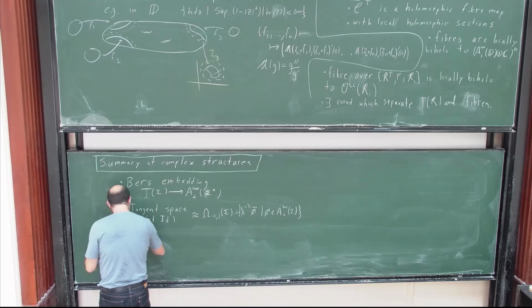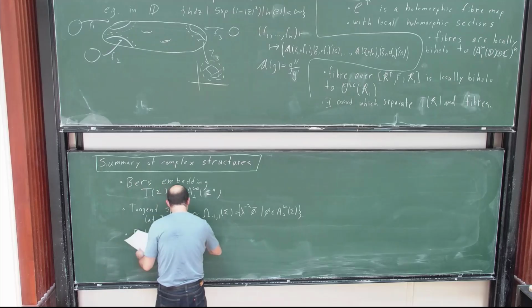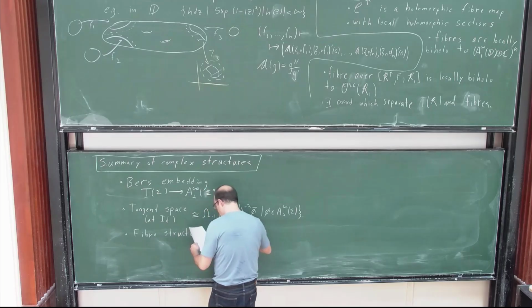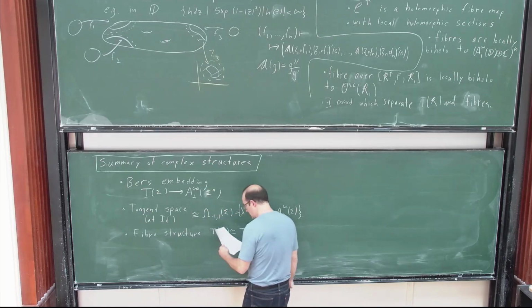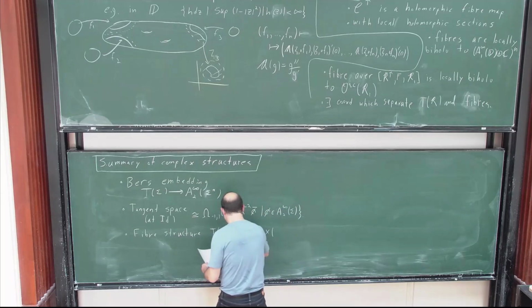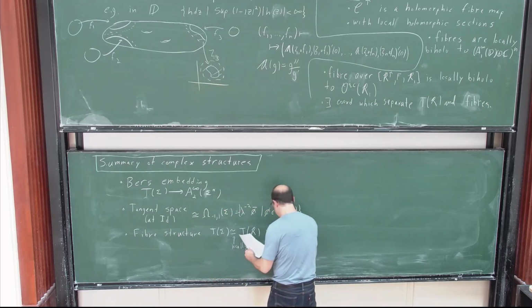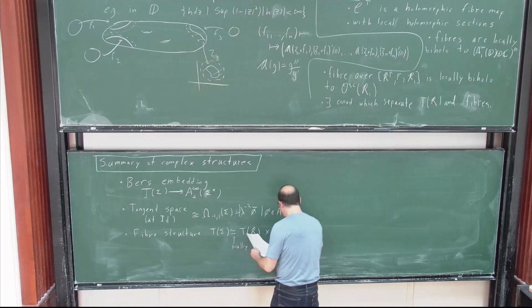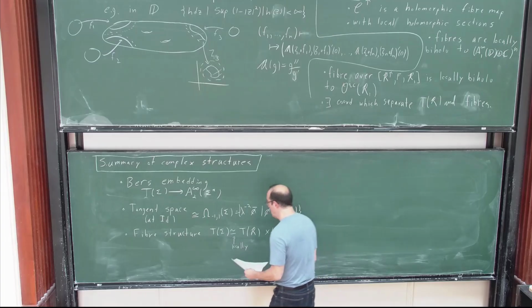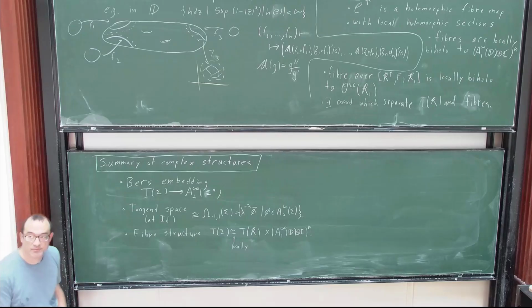And then we also have this new fiber structure. I could list many, many more, but I just want to isolate three from the top. You have this local description, complex structure in terms of these rigging coordinates. So this is the third, the new fiber structure on Teichmüller space.